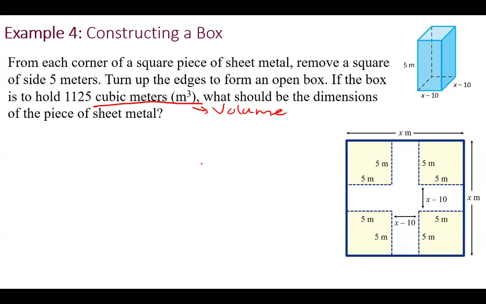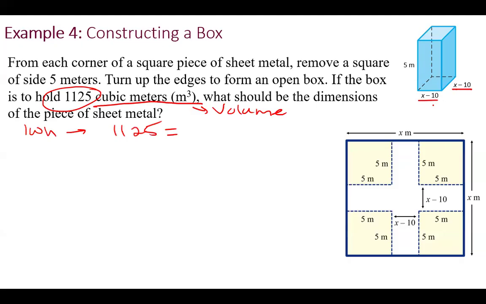Yes? Rings a bell? Volume is your length times your width times your height. So for this problem, we know that the length times the width times the height equals 1,125. So we have 1,125 equals your length, which here is x minus 10.